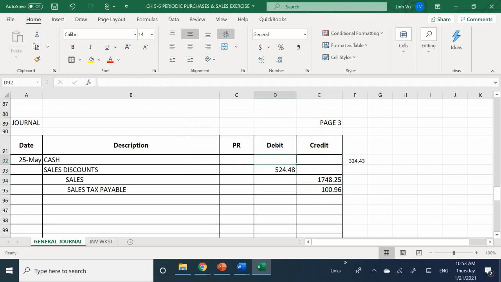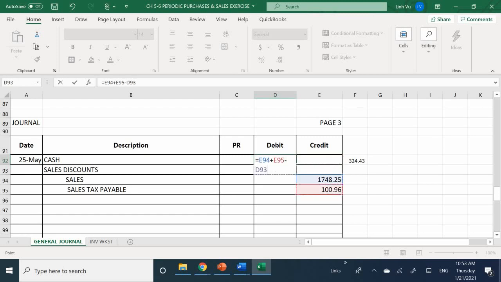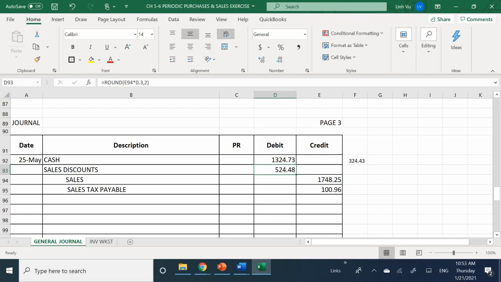So then how much cash am I actually going to be receiving? 1,324.73.